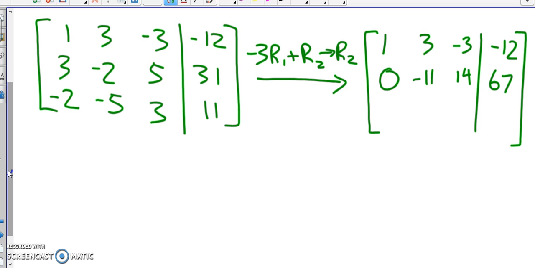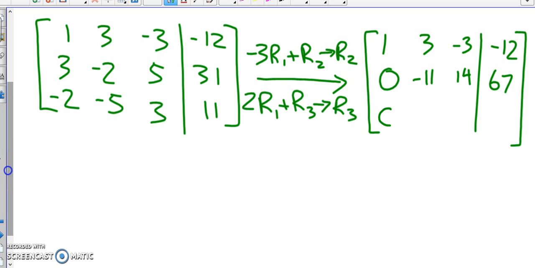All right. Somebody else, what would I have to do to get the negative 2 to be 0? Right. So 2 times row 1 plus row 3 into row 3.